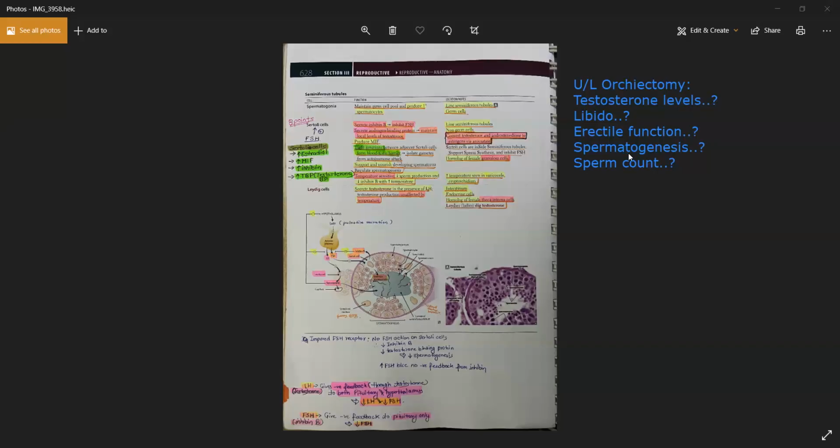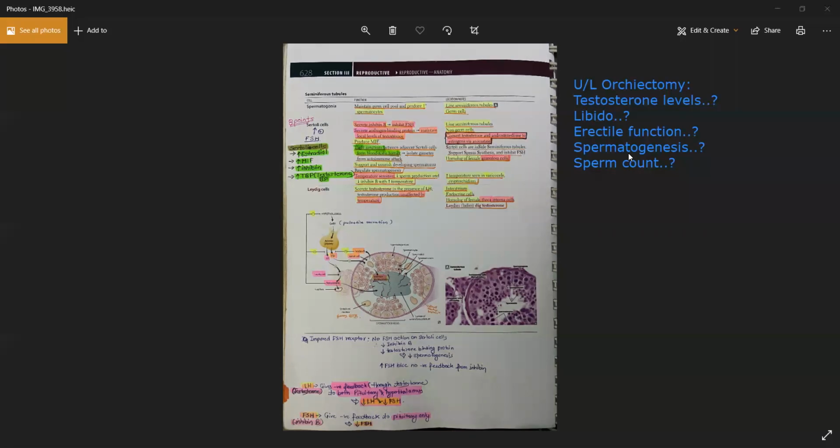Right? In the first step we lost the Sertoli cells and the Leydig cells from the removed testis. Yes, that will lose or affect the negative feedback inhibition on both LH and FSH and GnRH.